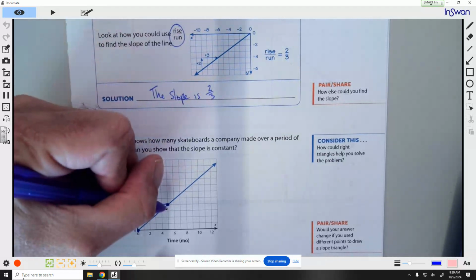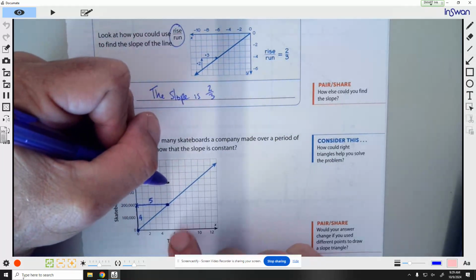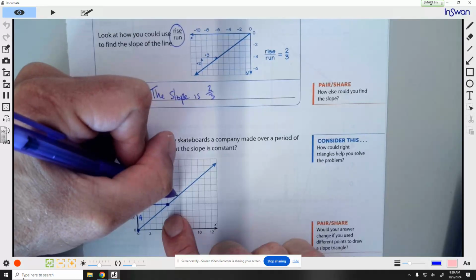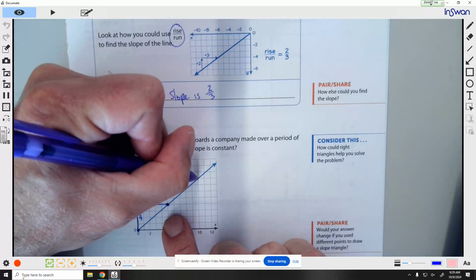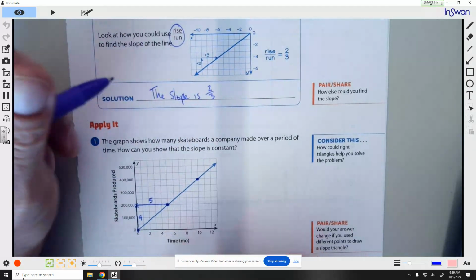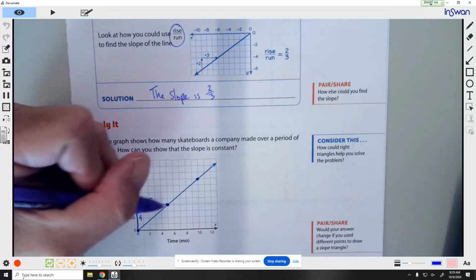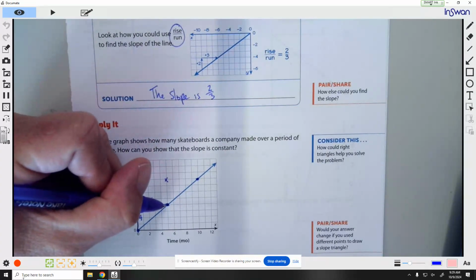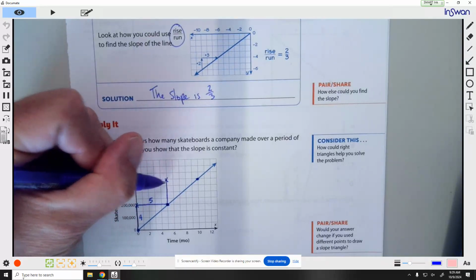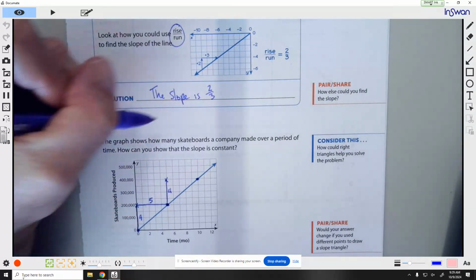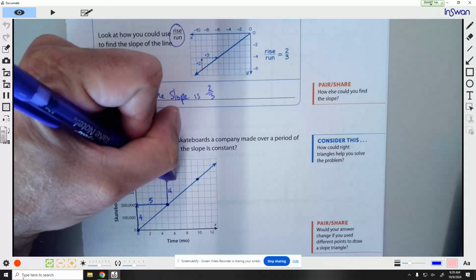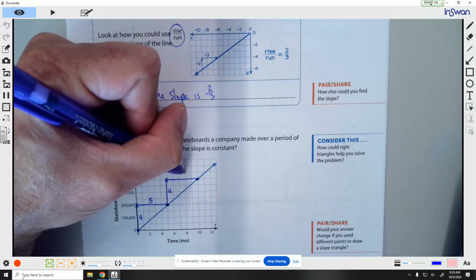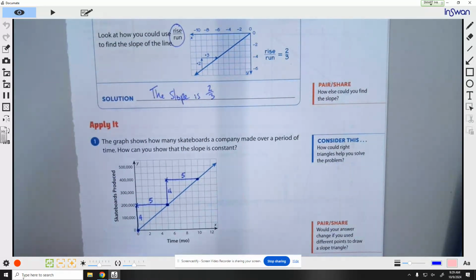Okay, now if I pick 2 other points, or if I use this point and I pick another point, looks like goes to the corner of a box right there, I would double check to see if it's the same thing. So to get up to this level, I have to rise up to there. So that is, again, a rise of 4 and a run over of 5.